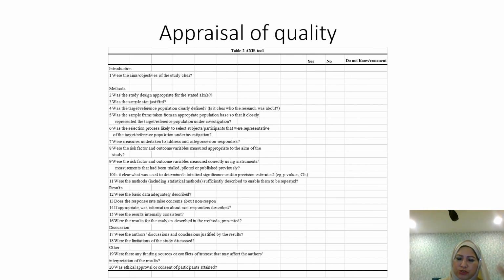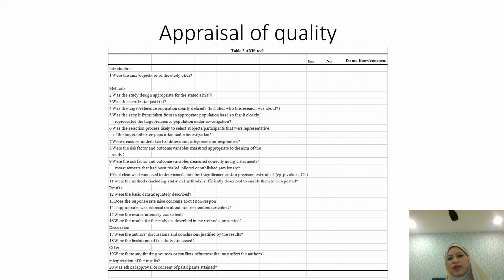And then we reduce. We screen the title, and we double check the years, the period is 5 years. Then we look at whether the abstract is clear, and it was rounded down to 25. Then we did the next step, the appraisal of quality.